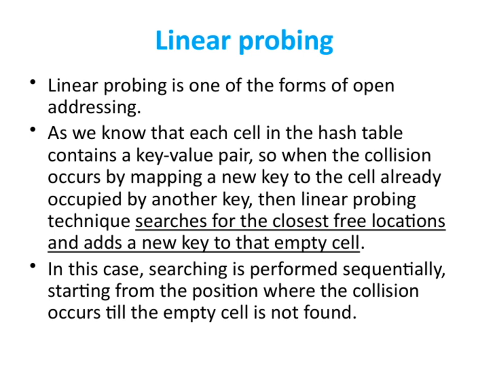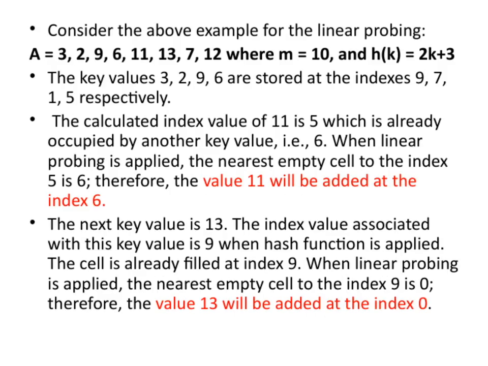This method helps handle collisions efficiently, but it's also important to consider its limitations, like clustering, which can impact performance. Overall, linear probing is a fundamental concept in open addressing, helping us understand how hash tables manage collisions in a simple, systematic way.